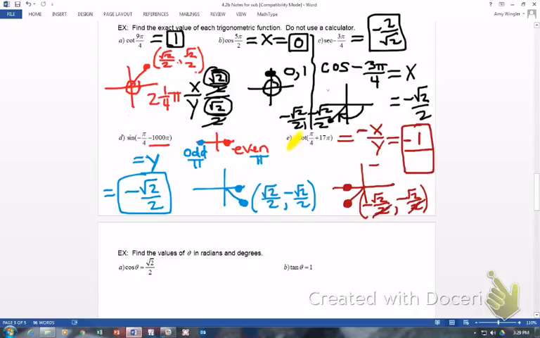So when you put negative radical 2 over negative radical 2, that does reduce to a positive 1. But remember, our final answer has to be negative because of this negative that's located outside the cotangent in our problem. So our final answer is just negative 1. So let me clean up that answer so it looks a little bit better.